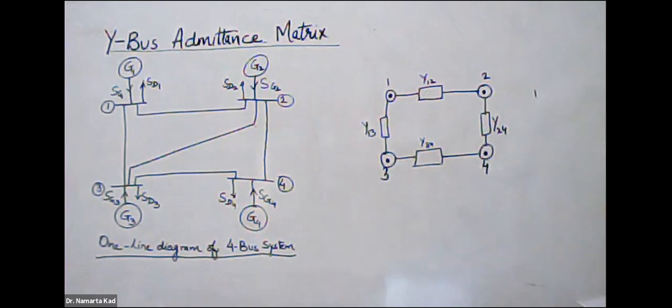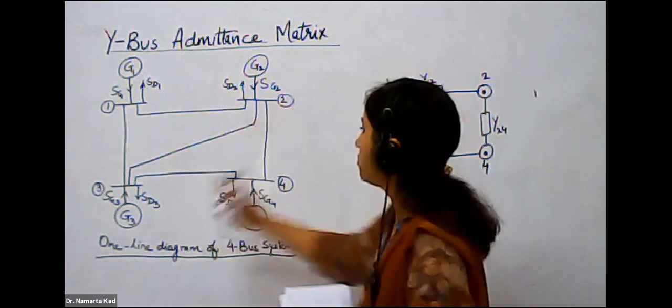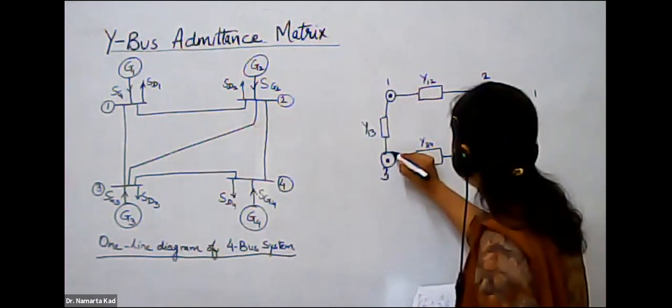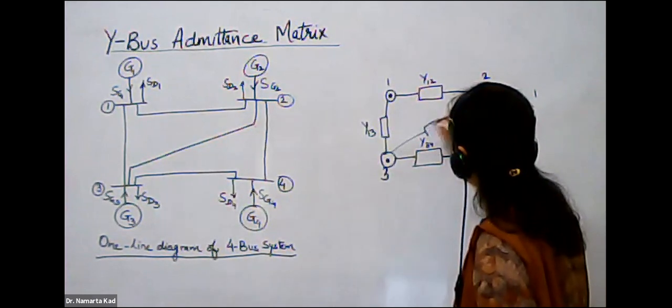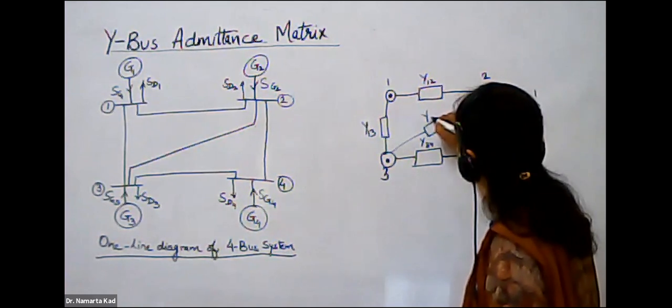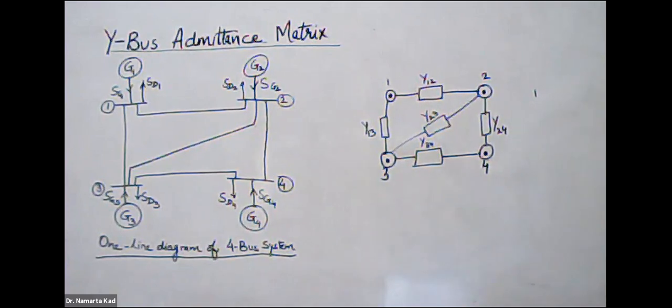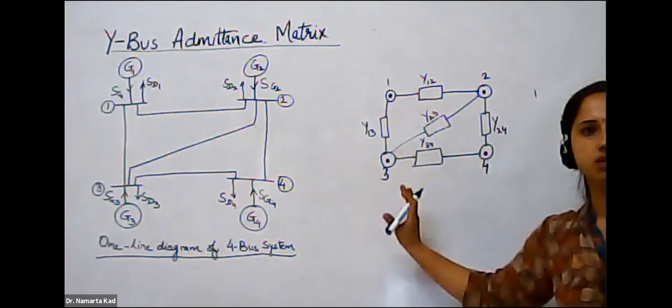Okay, so these are the admittances. There is one more connection, a transmission line between the bus 2 and 3. So this is Y23. Okay, so these are the admittances in between the buses.